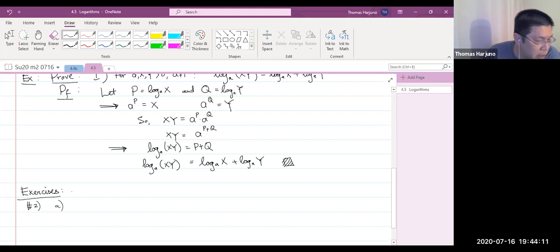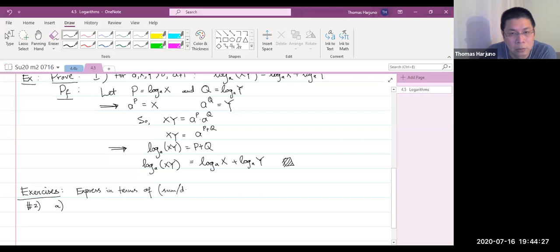The question is: express in terms of sum or difference of logs of the variables x, y, z, or w.